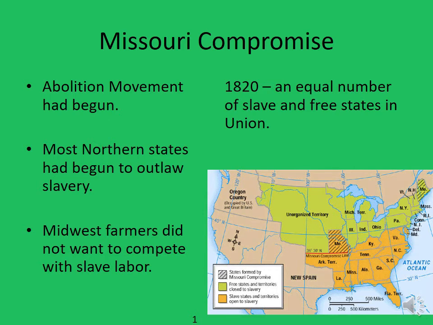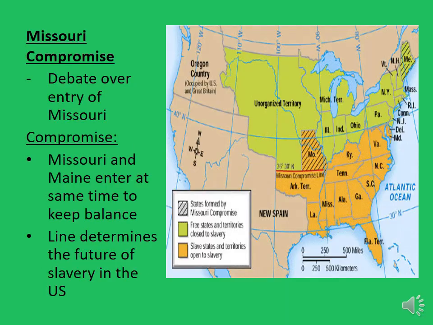Any state below that 36°30' parallel would be a slave state. So that was the compromise, okay? An imaginary line would be drawn across, Missouri would be added as a slave state, and Maine would be added as a free state.